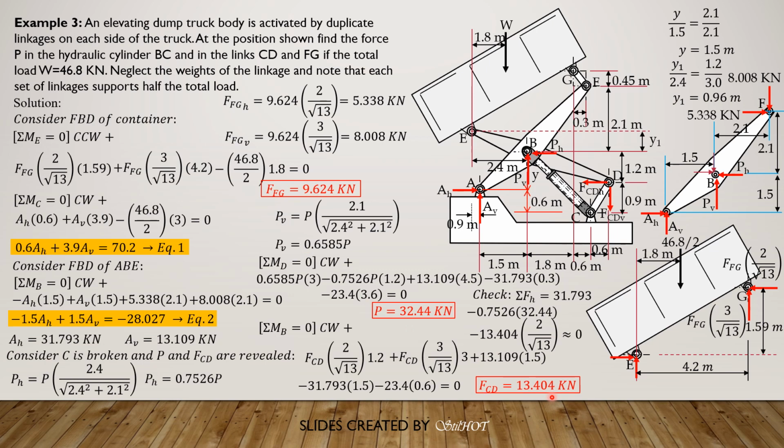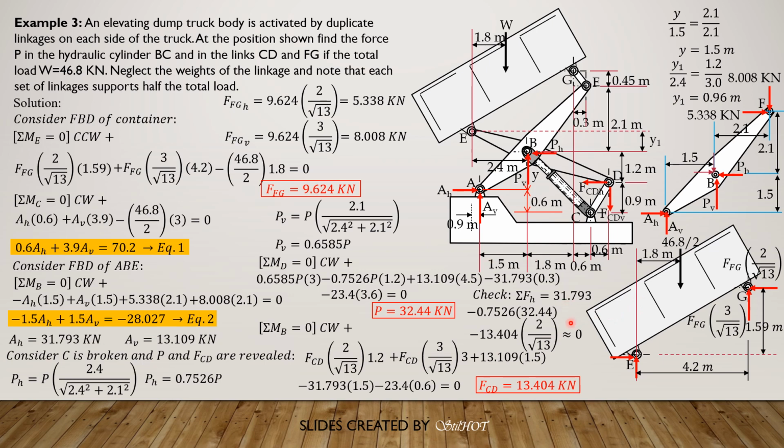So these are the answers. So we still have space here, so let's check summation of forces horizontal. It is 0. So summation of forces horizontal equals EH 31.793, then minus PH, 0.7526 times 32.44, then minus FCDH, 13.404 times 2 over square root of 13.